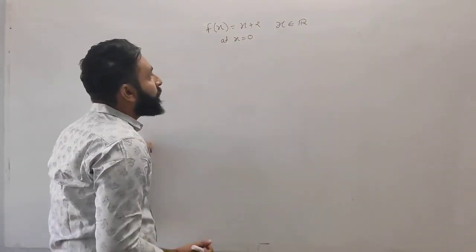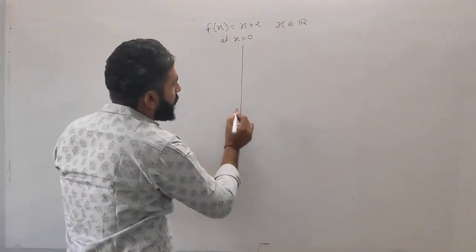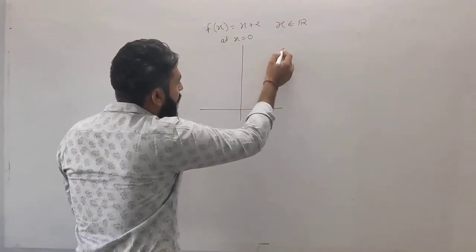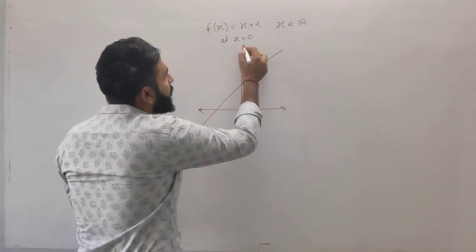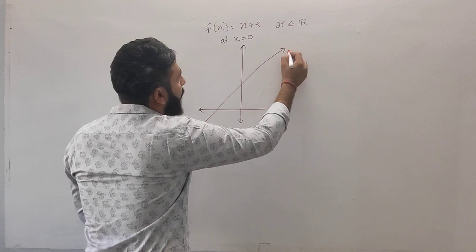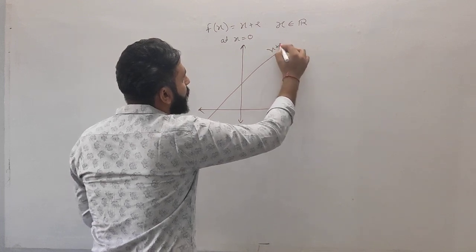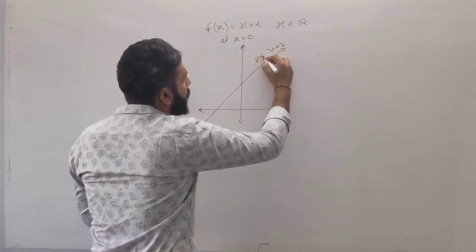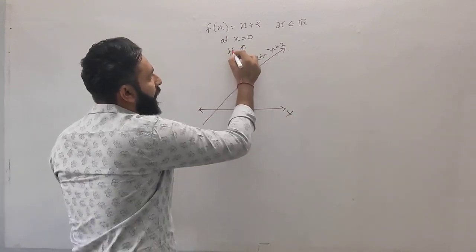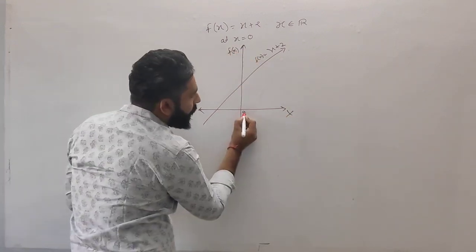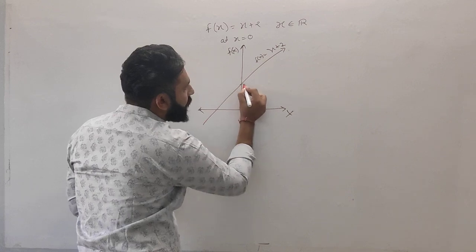So first we see the graph of this function. This is the graph of the function f of x equals x plus 2. Okay, this is the x-axis, this is f of x, this is 0, this is 1, and this is 2.